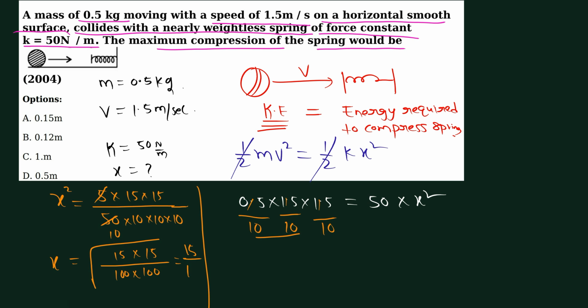So 15 square gives 15, and 100 square gives 100. So what is the 15 by 100 value? 0.15 meter. That means the spring is compressed up to 0.15 meter. The spring is compressed up to how much distance?